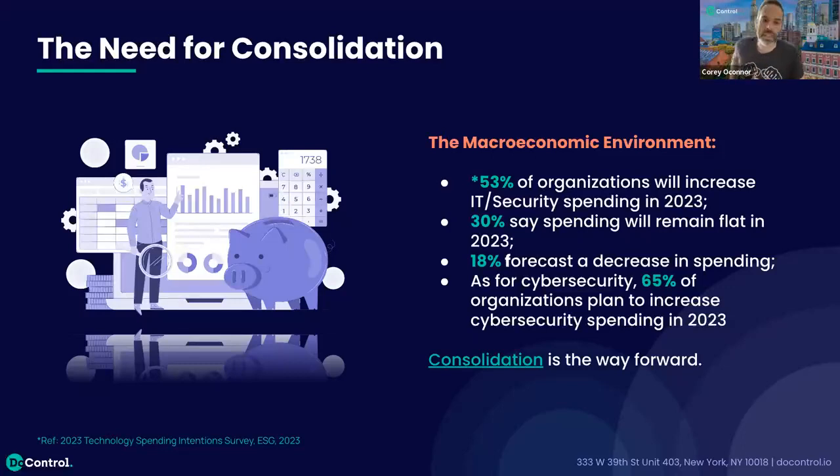So the reality is budgets are in some cases going up, in some cases going down. The reality is for every organization in today's macroeconomic environment, they really need to get the most out of every technology that they've invested in, and they need tools that are going to consolidate these different threat models and address a wide range of different use cases.